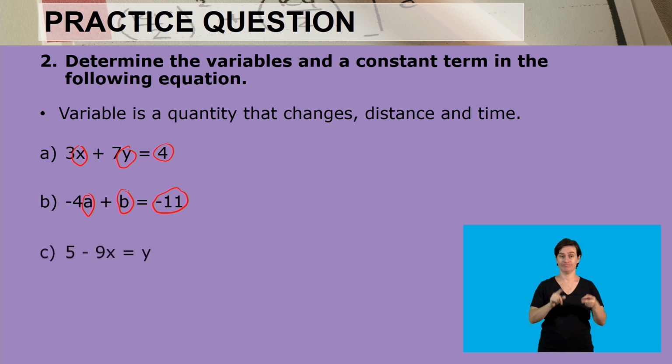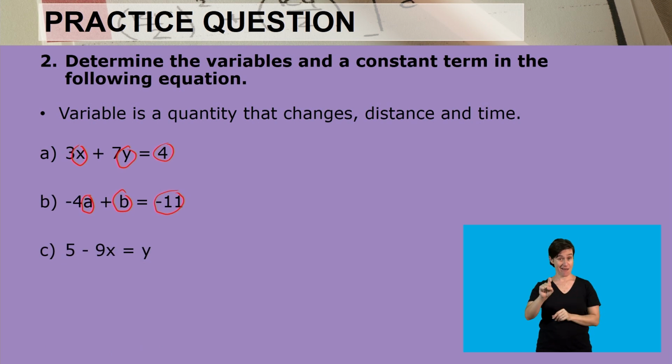Let's look at the next one. 5 minus 9x equals y. So our variable would be x, and the next variable is y. And then our constant is 5. Irrespective of where the number is, we look for the variable and the constant term wherever they are in the expression.